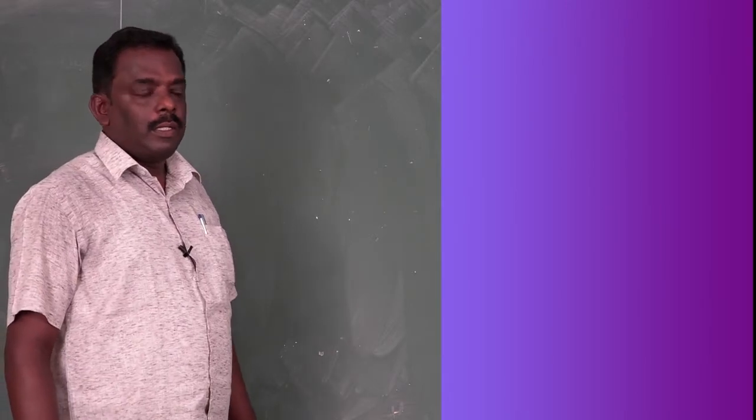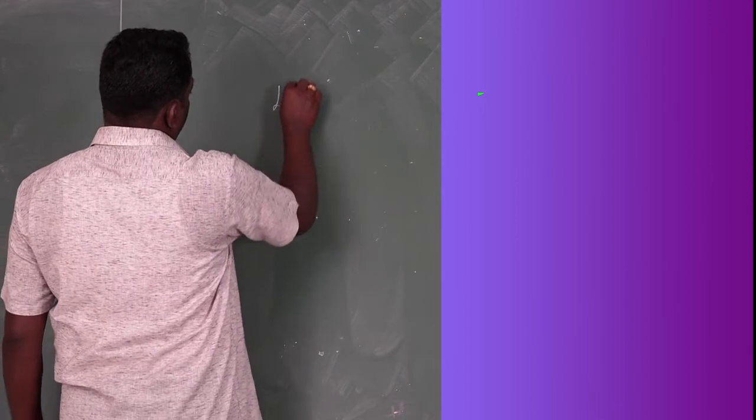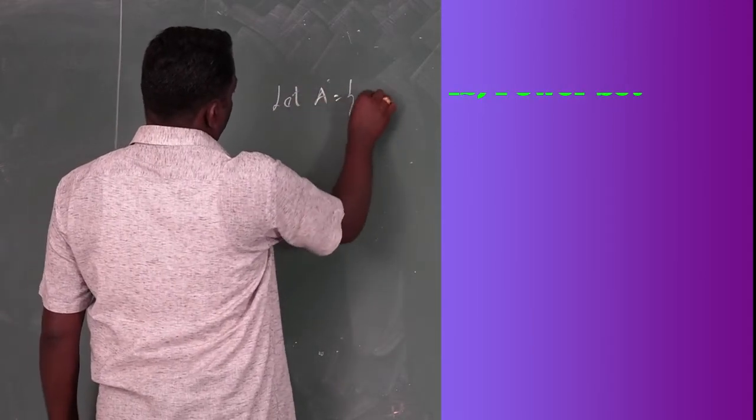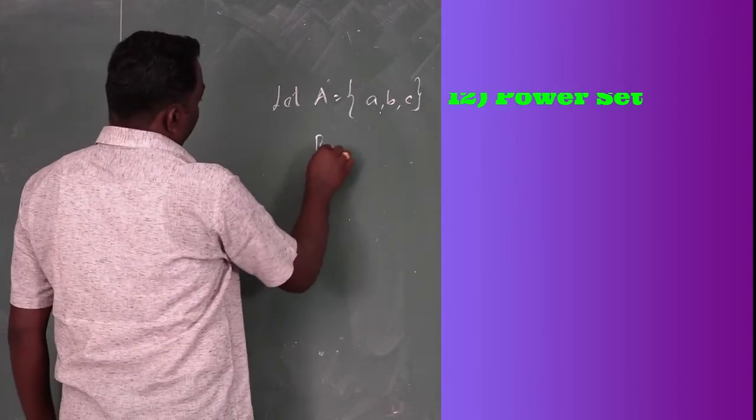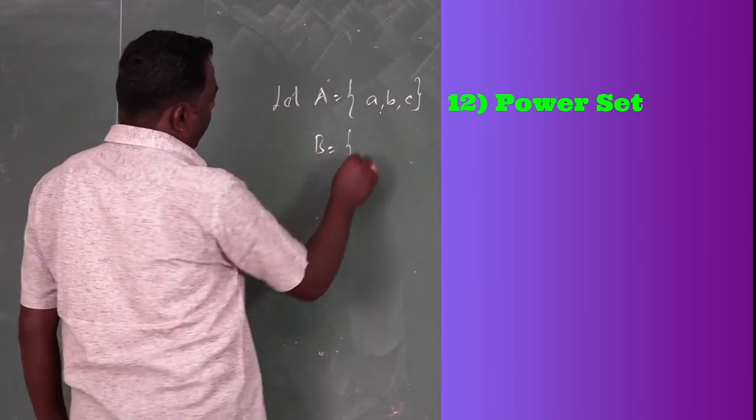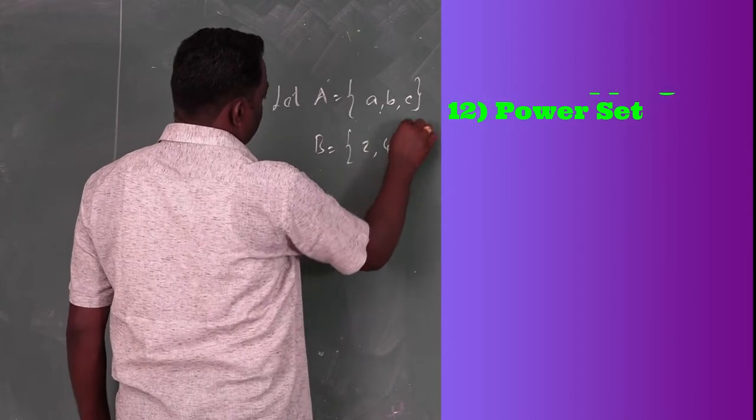The next one is the equivalent set. Let us consider set A with elements a, b, c. Then another set B containing elements 2, 4, 6.